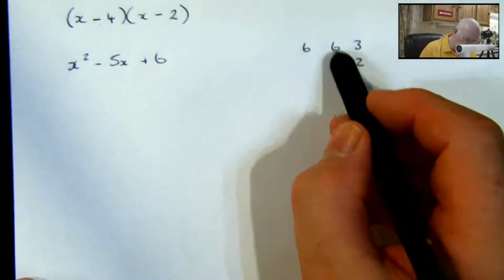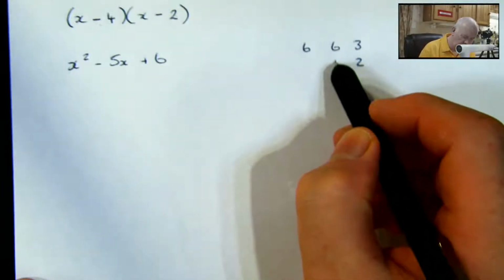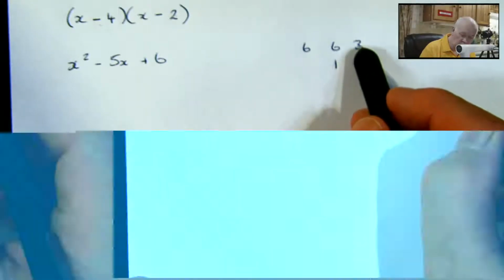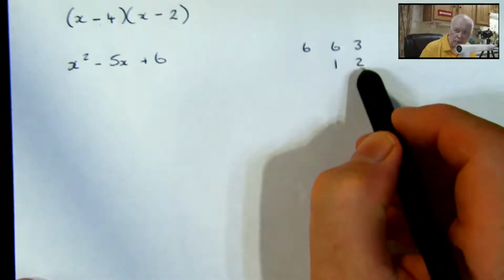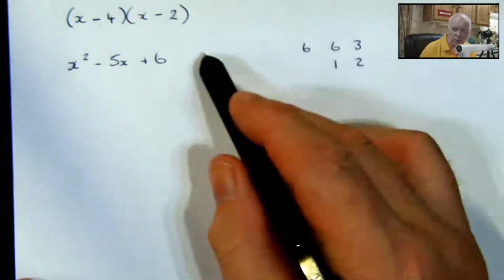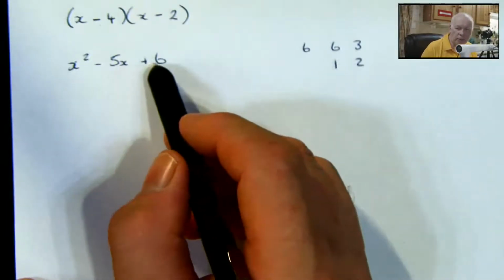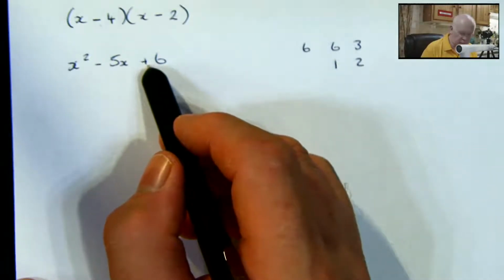You see, I could have 6 take away 1, gives me 5, or I can have minus 3 minus 2 will make -5. But we've got to multiply these to make +6.